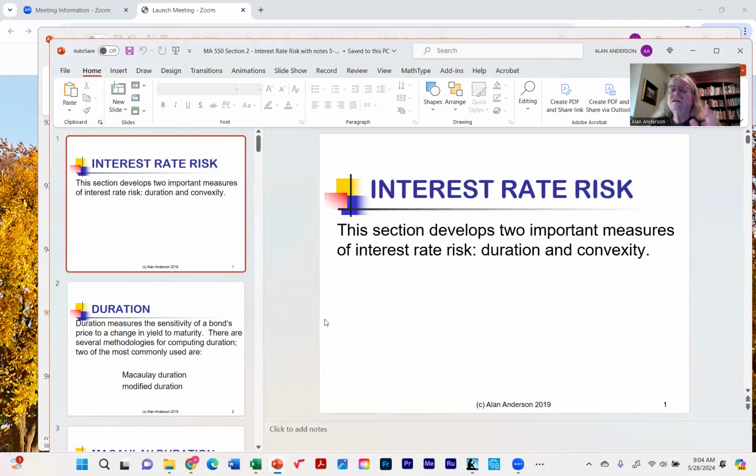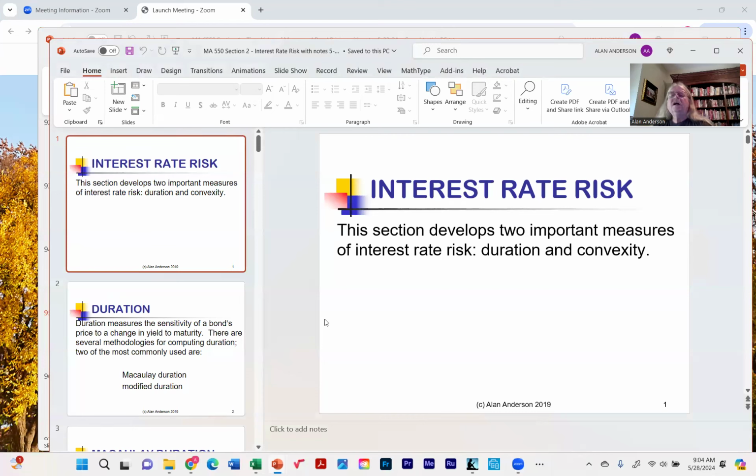This part is common to all bonds in the economy, even treasuries, which are free of credit risk. This is a different type of risk. It falls into the category of market risk, meaning that the price of our assets could be adversely affected by changes in market conditions. So we want to make a distinction between credit risk and market risk. And specifically here, we're looking at interest rate risk.